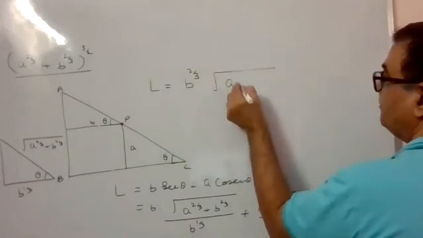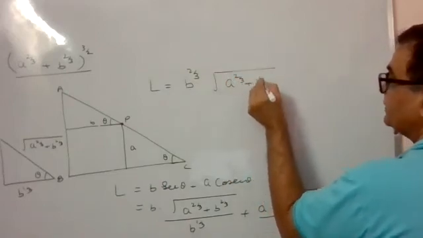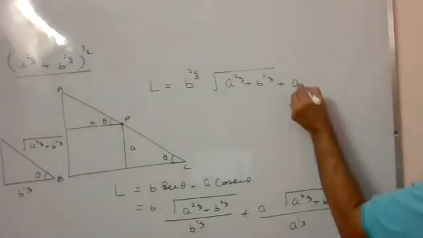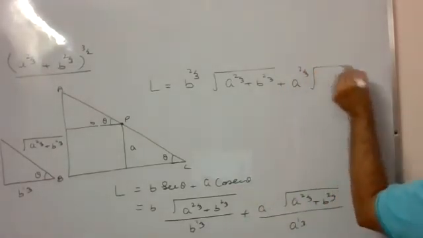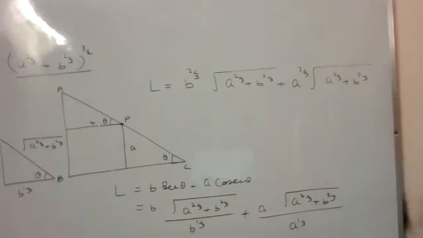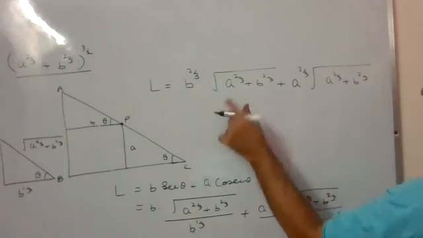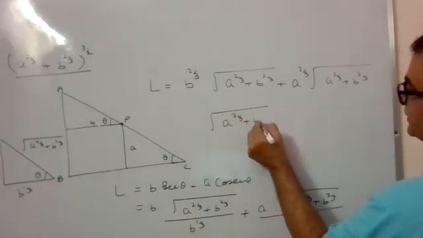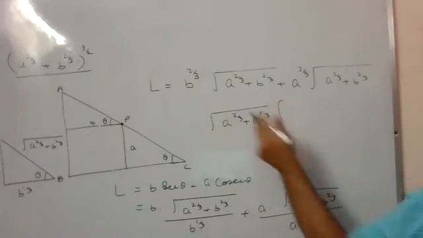Root of A power 2 by 3 plus B power 2 by 3 plus, here will come A power 2 by 3 under root of A power 2 by 3 plus B power 2 by 3. This part is common in both, so A power 2 by 3 plus B power 2 by 3 is common.